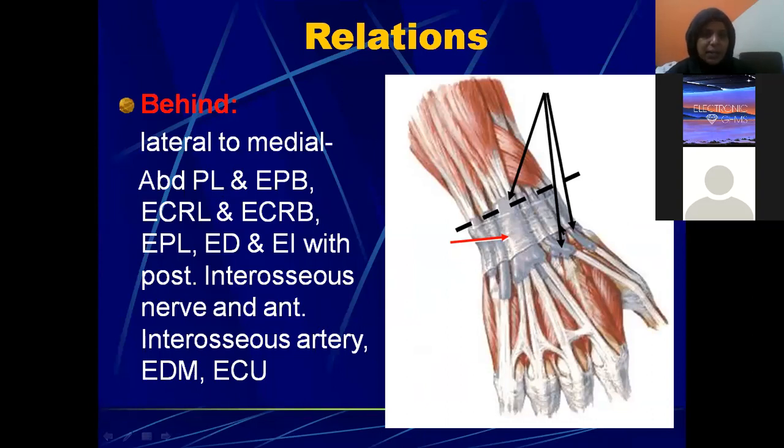Abductor pollicis longus, extensor pollicis brevis, extensor carpi radialis longus, brevis, extensor pollicis longus, extensor digitorum, extensor indicis. Also the posterior interosseous artery and nerve. All extensor muscles you write better. All extensors, whatever we have studied, they are seen in the posterior compartment. Posterior interosseous nerve, it's nothing but a branch of which nerve? Radial nerve.